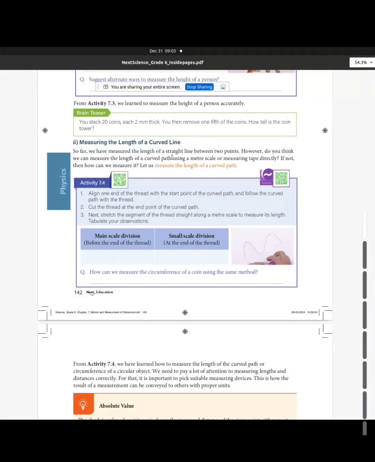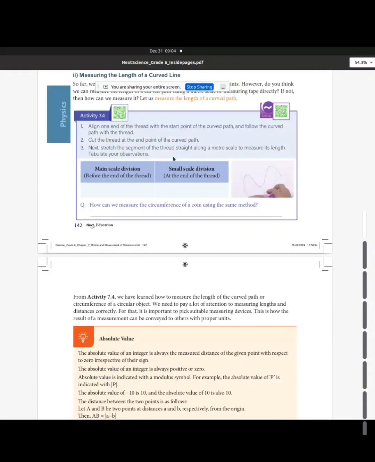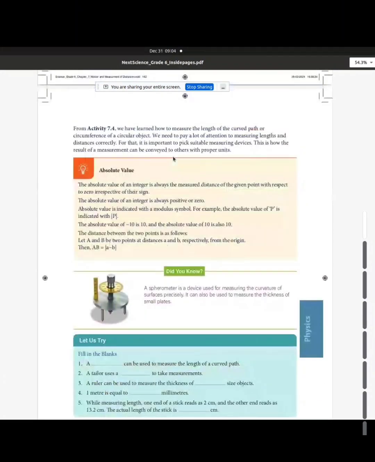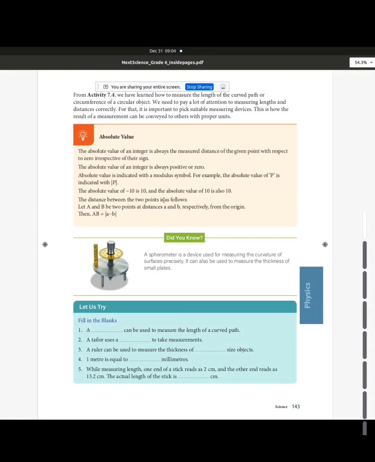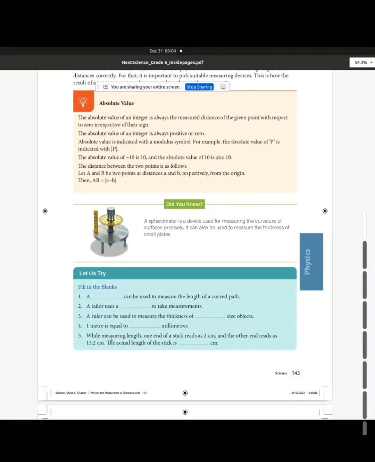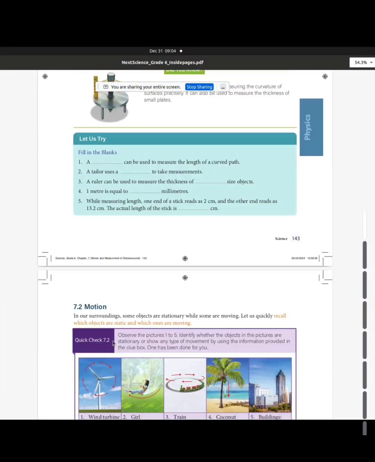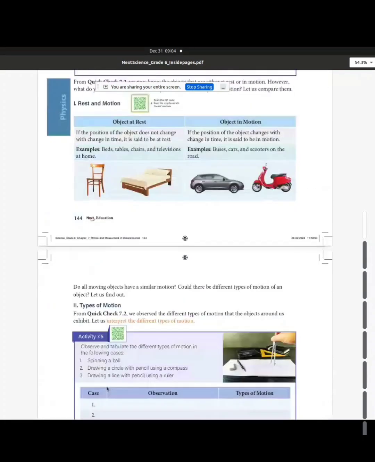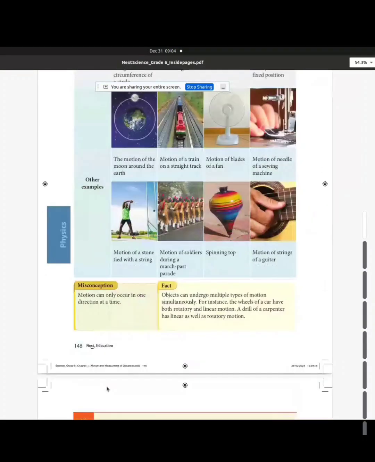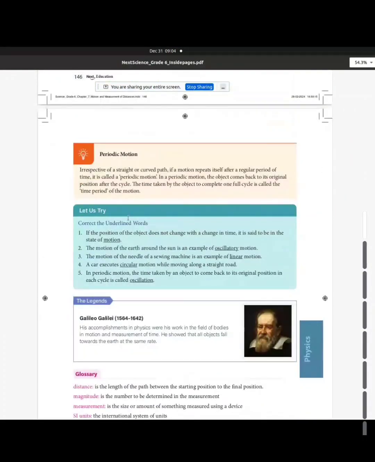Once she deals with this concept, shows the activities, and goes through the elaborate content, and there is again a did you know, here she might discuss this, and at the end of this particular concept there is a let us try. She needs to ask the students to solve these questions, and based on how students are answering, she'll be able to go forward to the next concept, that is motion. In this way you could see that after the end of each and every concept, like after the end of motion, we have again a let us try section. And I'll show you some other let us tries.